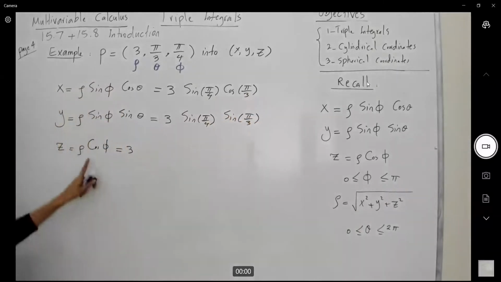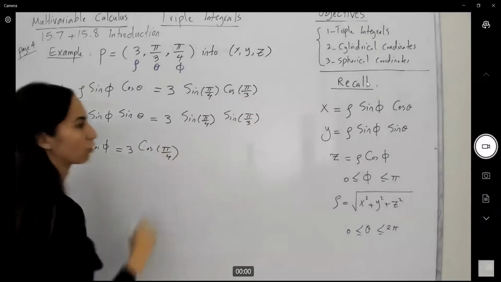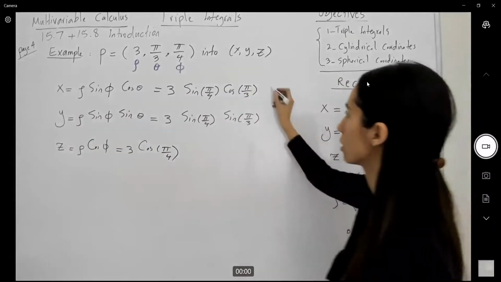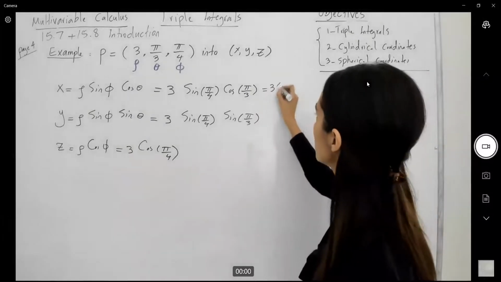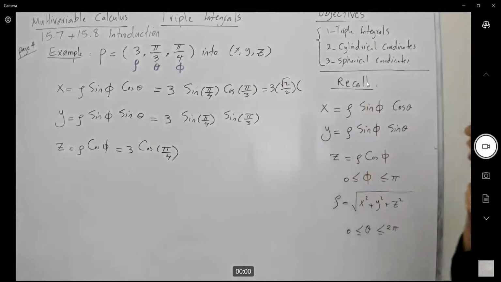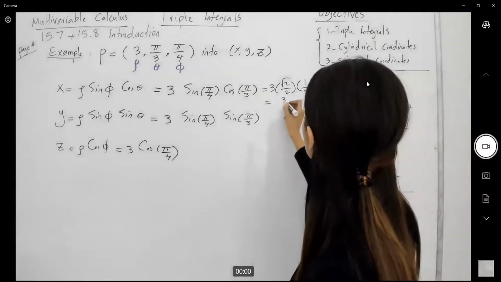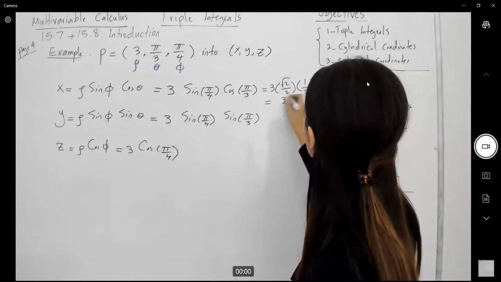And finally, you have cosine of pi over 4. So here we go. We have 3 square root of 2 divided by 2, and here you have cosine of pi over 3, which means a half. So you get 3 square root of 2 divided by 4.